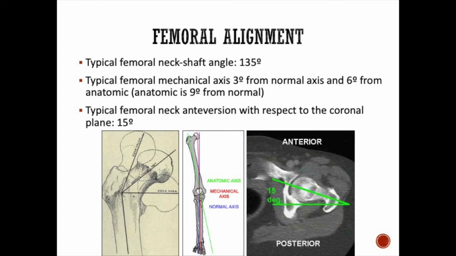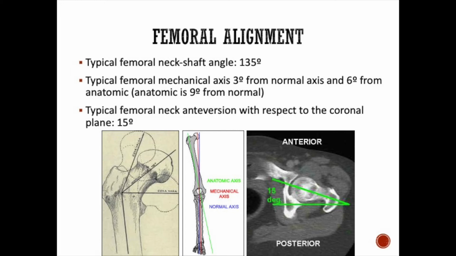135 degrees. Anything less than that we call coxa vara. Anything greater is coxa valga. The typical femoral mechanical axis is 3 degrees off of that normal axis, which is the gravitational pull, and 6 degrees from the anatomic, hence saying the valgus cut angle is on average 5 to 7. So therefore the anatomic axis is actually 9 degrees off of the normal force.